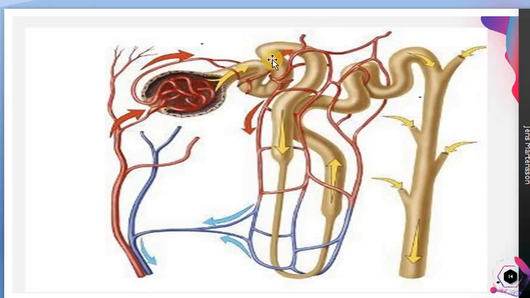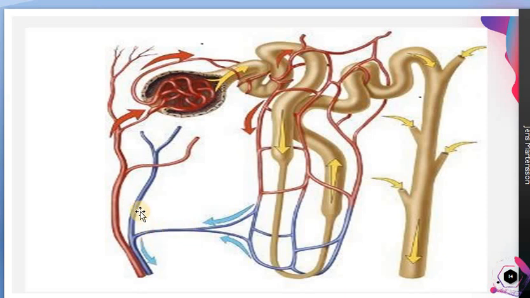Okay, this is actually known as the peritubular capillary, but you are not learning as per your syllabus. Together this forms the vasa recta. Okay, but in your syllabus you have to learn that this is the secondary capillary network and vasa recta. So this vasa recta combines to form the renal venule.